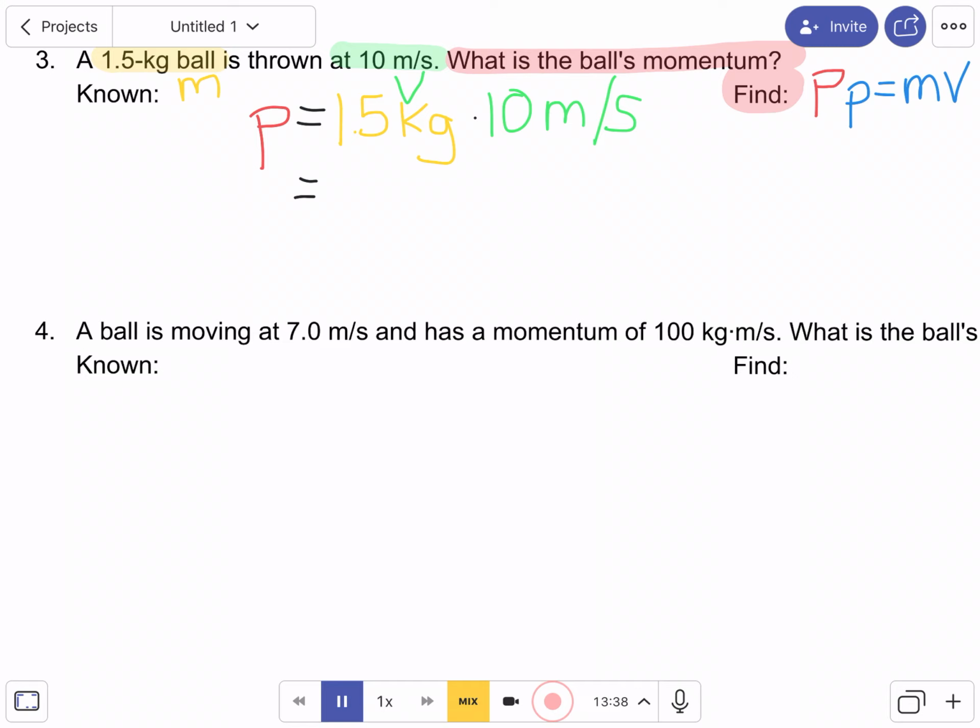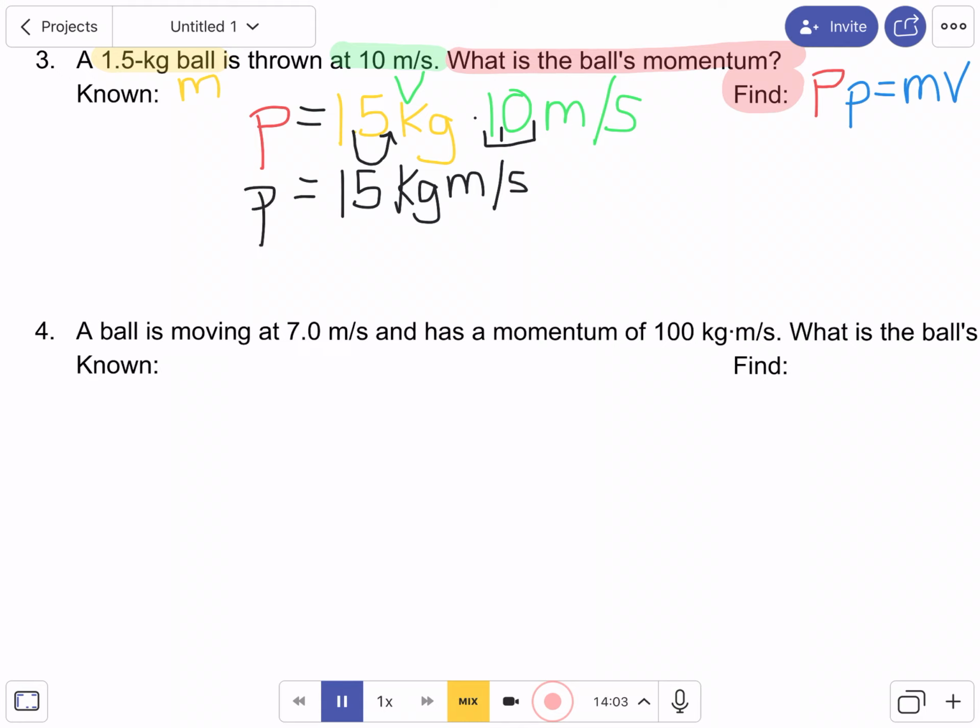So we're left with 1.5 kilograms times 10, and when you're multiplying by 10, because there's a 1 0 there, we are going to move our decimal spot over 1 time, and we get 15 kilogram meters per second.